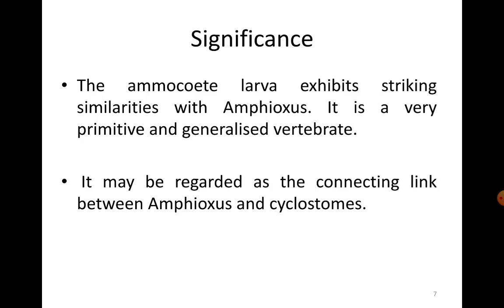So this resemblance tells us that these two could have originated from a common ancestor. So that's how studying this Ammocoete larva plays an important role in understanding these similarities.